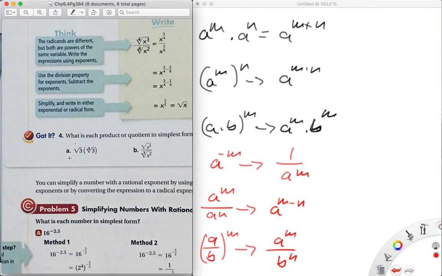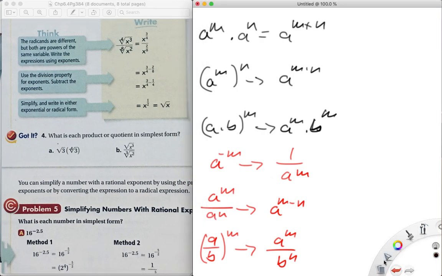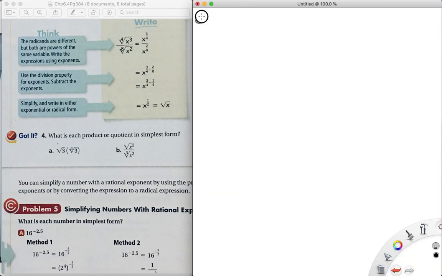So number 4, 4a. I have the square root of 3 times the 4th root of 3.